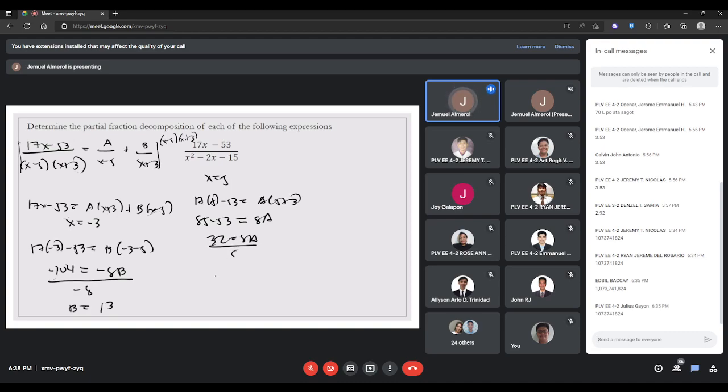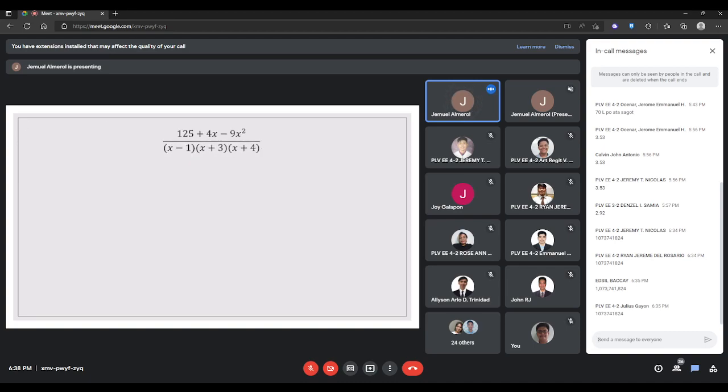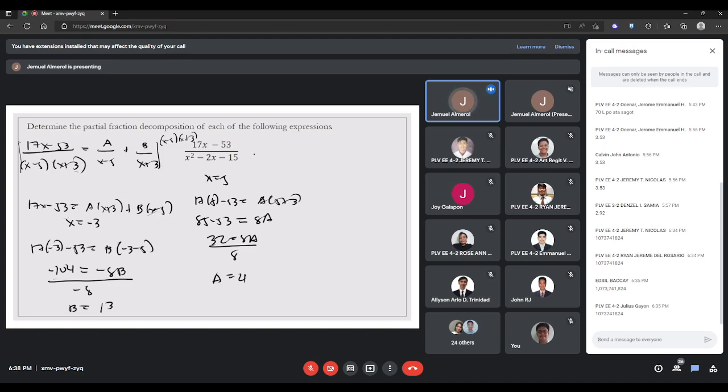Therefore, a would be equal to 4. Thus, ang equivalent nito as partial fraction would be 4 over x minus 5 plus 13 over x plus 3. And this is your final answer.